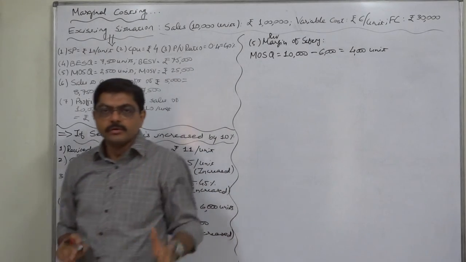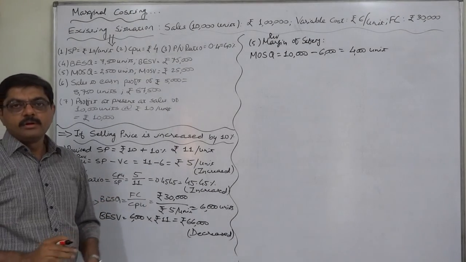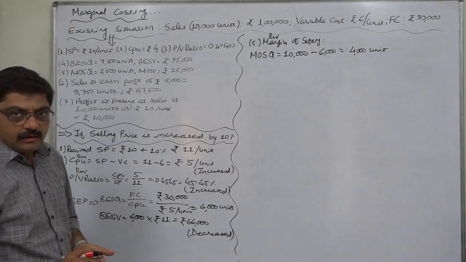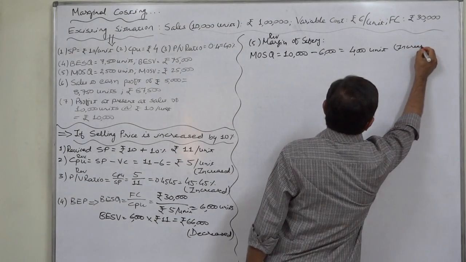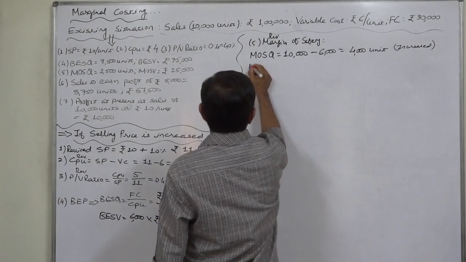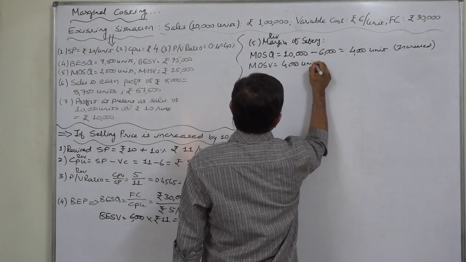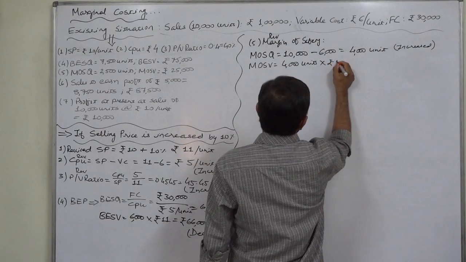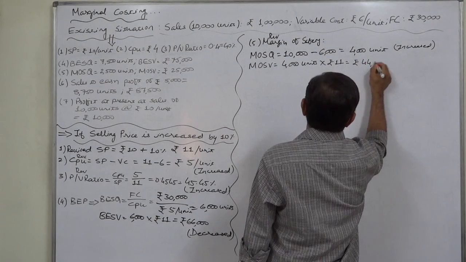That is an excellent effect on the firm's financial health. In terms of rupees it has increased too, because now 4,000 units will be multiplied by the revised selling price of rupees 11. So it will be rupees 44,000.